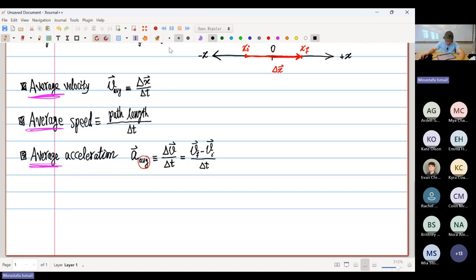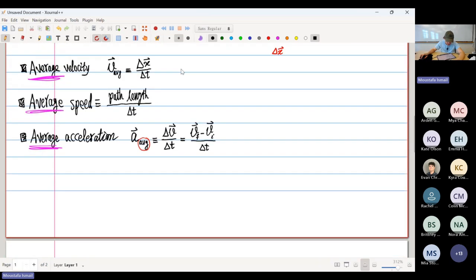So let me add another page here. So instantaneous velocity. This one we denote without any subscripts, average, or anything, it's just v.